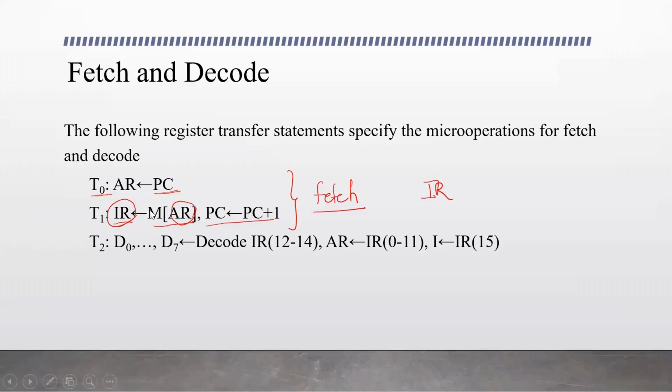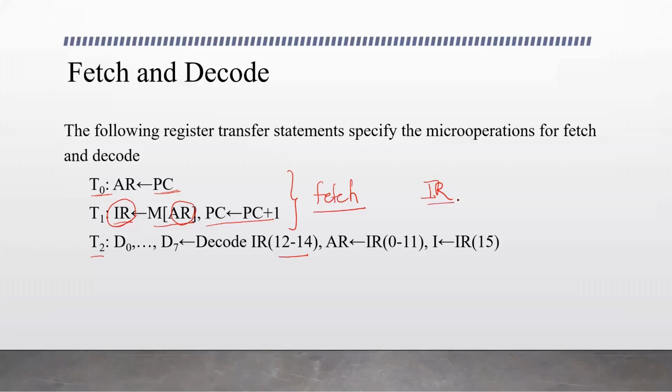And at time T2, the second phase is decode. We are seeing here the first two phases, fetch and decode. For decoding, the operation code has to be decoded. The operation code will be available in the instruction register.